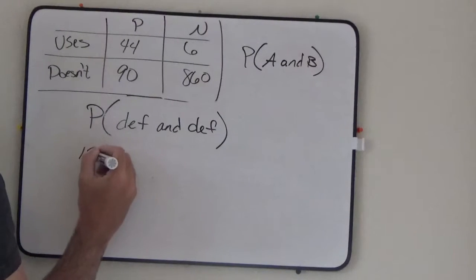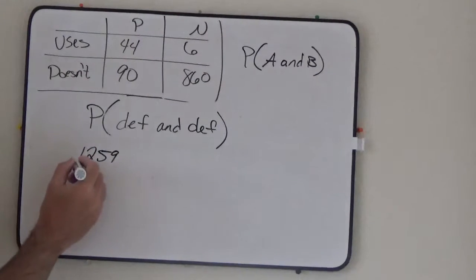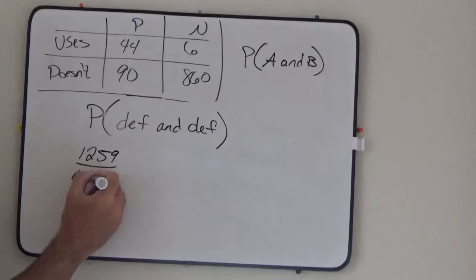The first one, there were, or sorry, 1,259 defective out of 10,000.